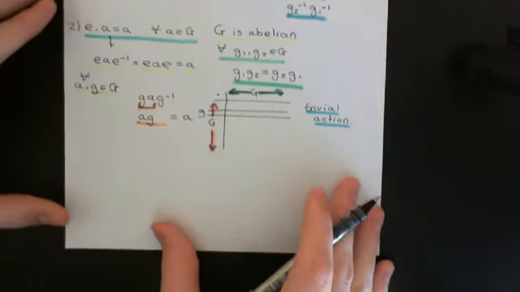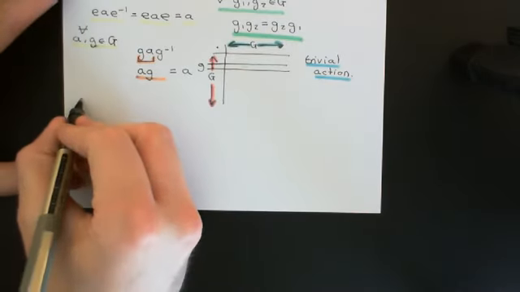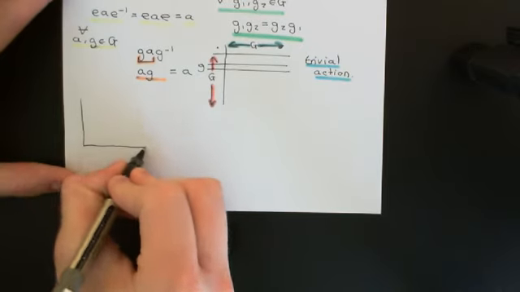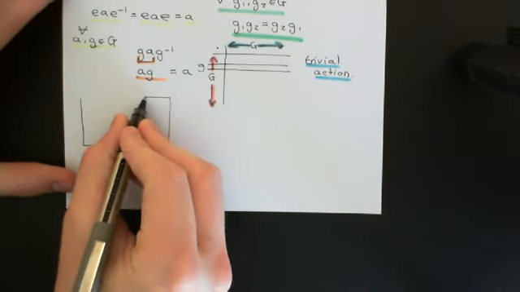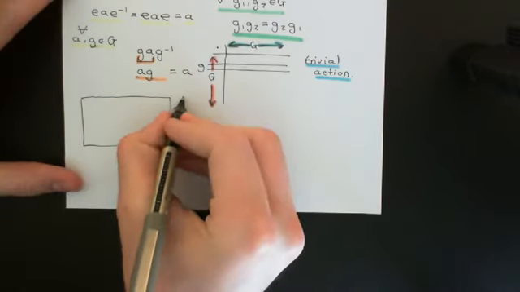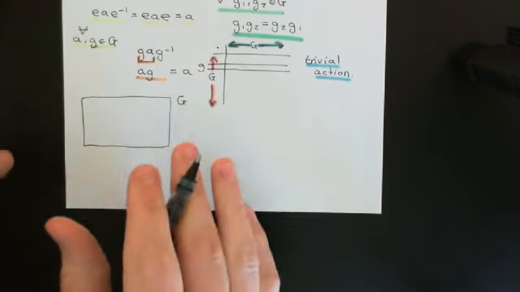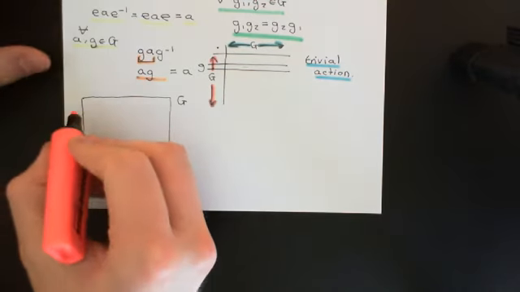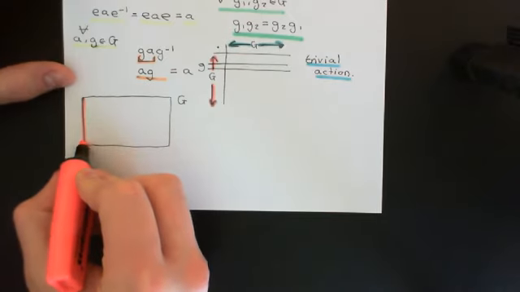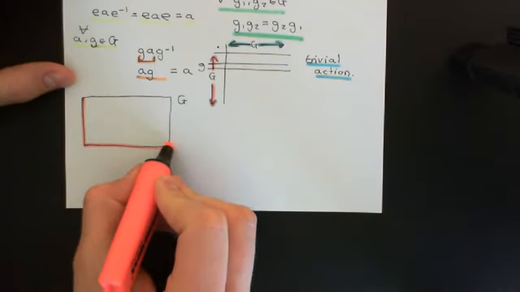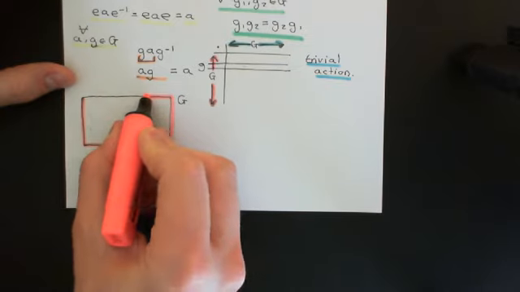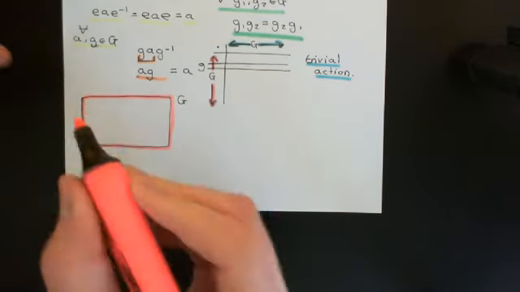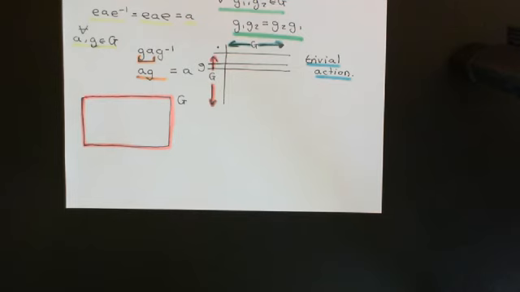Let me begin by drawing a picture. We're going to have our group capital G here, and of course our group is actually the set on which the group action is acting, in the case of this group action of the group on itself. We know from our abstract study of group actions that whenever you have a group action by a group capital G on a set capital A, you can use that group action to partition up the set capital A into the orbits of the group action.